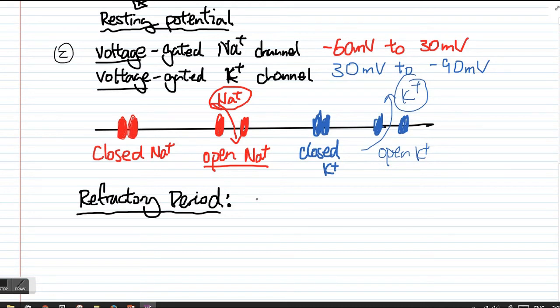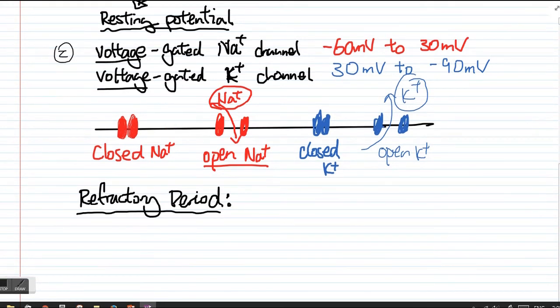So once the sodium channels are closed at 30 millivolts, they will then enter the refractory period, which means during this time, no matter what you do to it, it's not going to open. Even if you reach minus 60 again, the sodium channels will not open at that time because it's sort of resetting itself. So refractory period refers to a short period after the channel closes where it is resetting itself so that it will be able to respond again. And this is quite important, as you will see later on in the video.